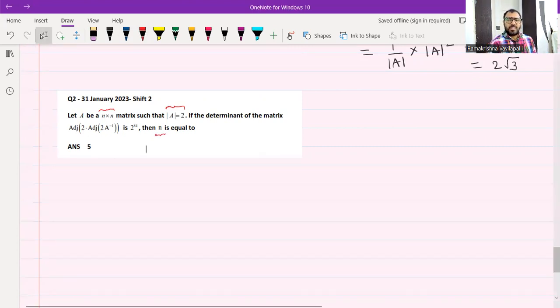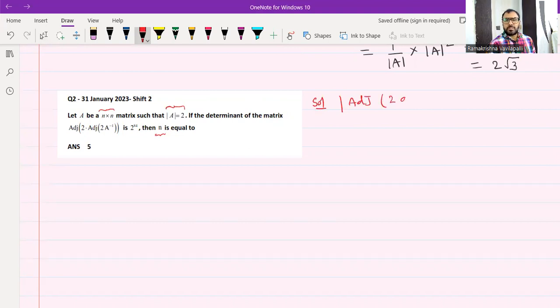So here you see, what is the determinant of adjoint of 2 times adjoint of 2A inverse? This is the question they are asking.